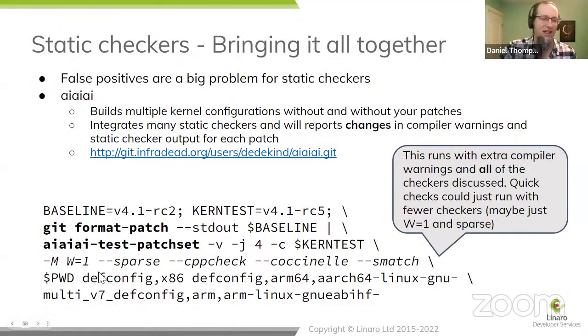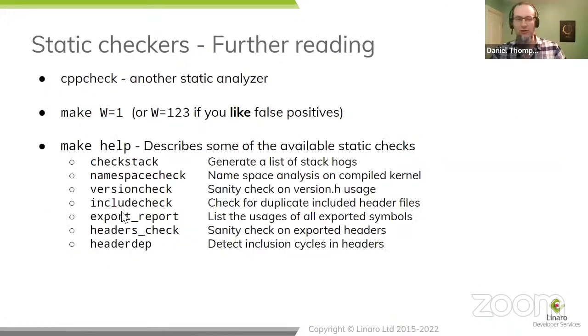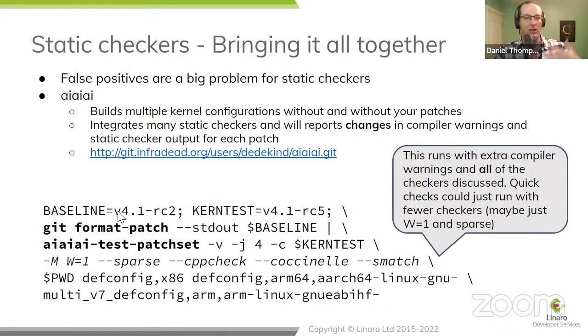So in other words, I can use tests with high levels of false positives that the existing kernel triggers a lot. And I think all of these options have a certain degree of false positives. But then the report I get will only show the new problems that I've introduced by my new set of changes. So as a kernel maintainer, I can test my code to make sure it does not bring any new sparse errors, it does not bring any new CPP check, it does not bring any new Coccinelle errors.